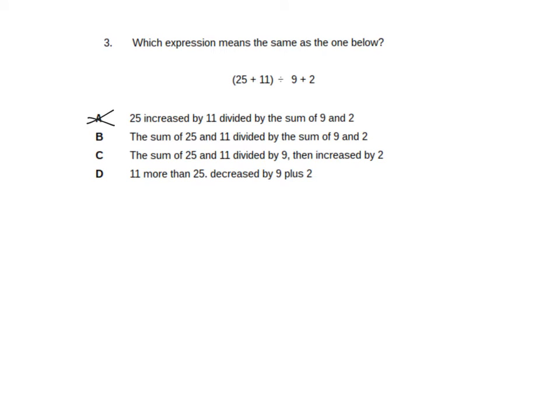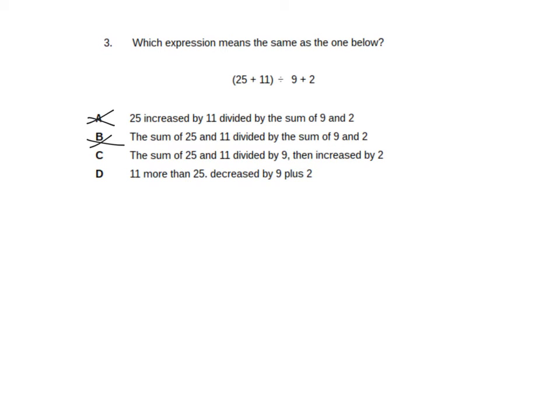Nope, I don't think so. C: the sum of 25 and 11 divided by 9, then increased by 2. This makes sense. They want the sum of 25 and 11 first, because that's what's in parentheses. Then we always follow multiplication or division in our order of operations before going to addition and subtraction, so C makes complete sense.